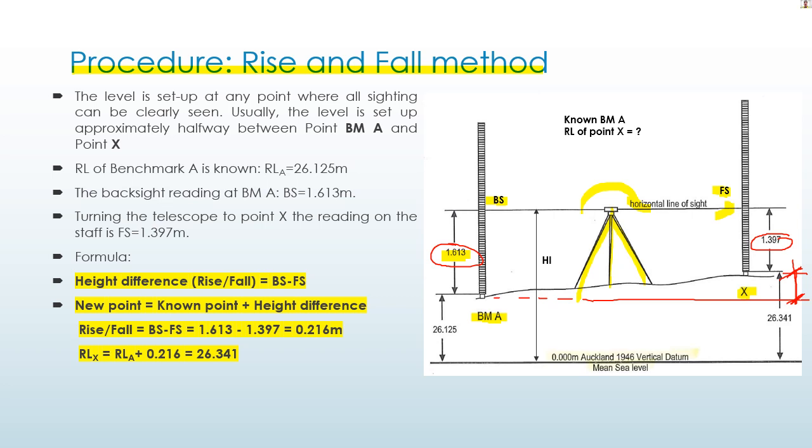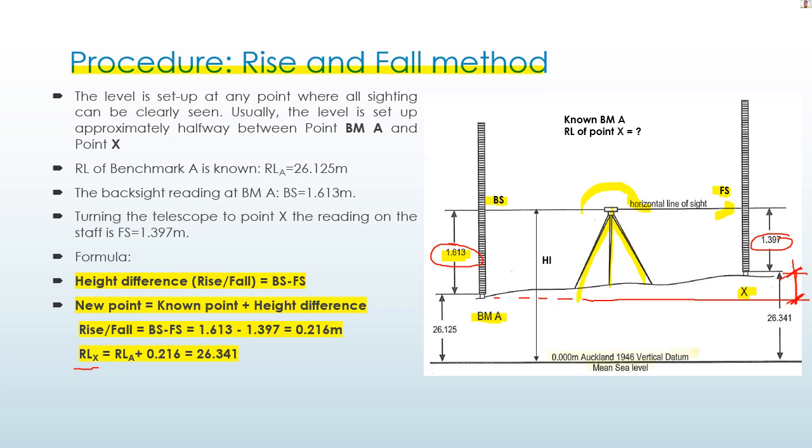If the result is positive, we say there's a rise from A to X. The elevation increases. If the result is negative, then you're going down. So that's a fall. The rise means a positive height difference. The fall means a negative height difference. So that's why they call it the rise and fall method.